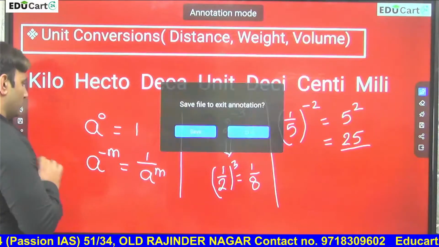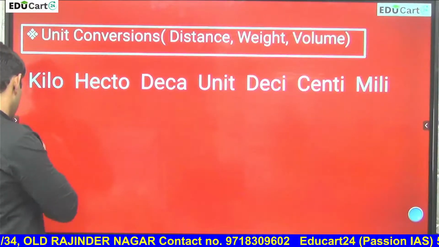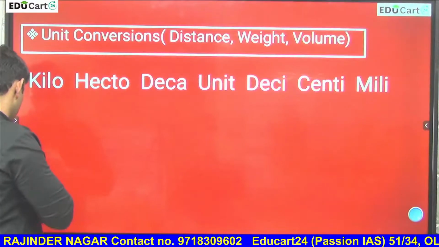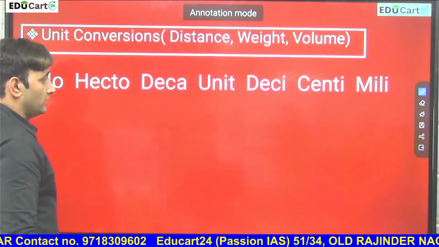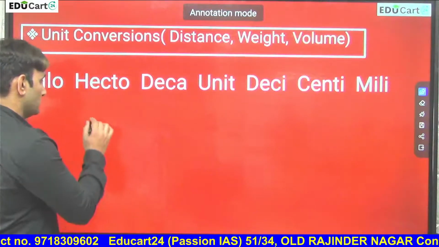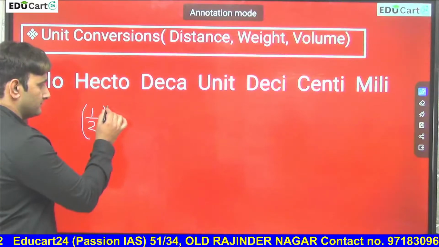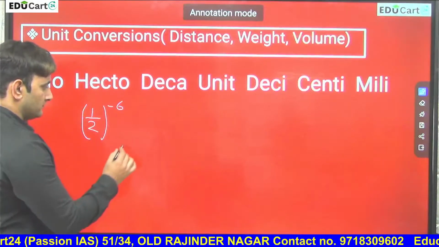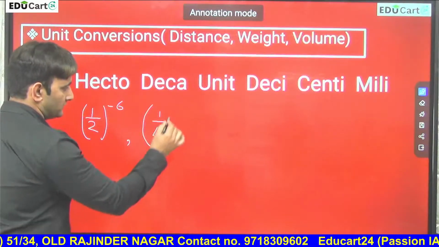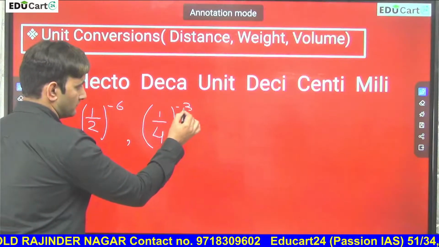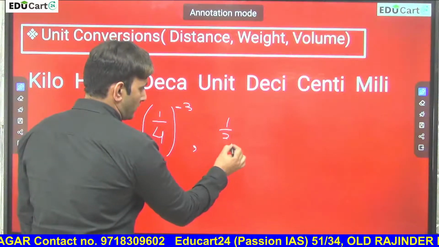Now this year there was a question. The question says, which of the following is the largest number? 1 by 2 to the power minus 6. 1 by 4 to the power minus 3. 1 by 3 to the power minus 4.